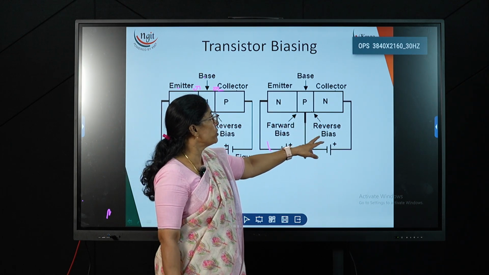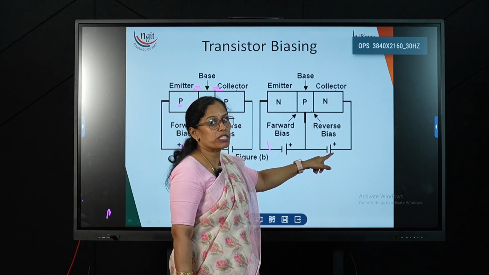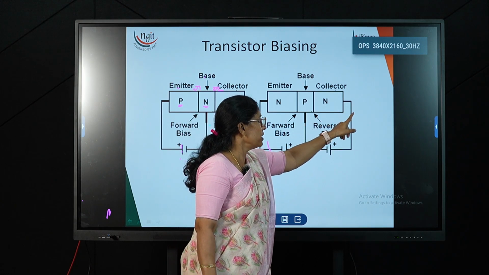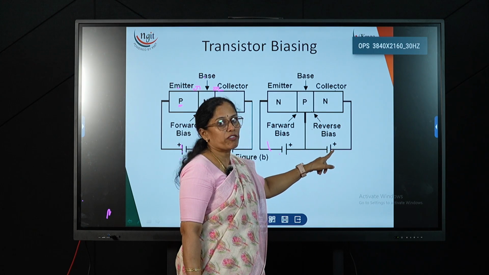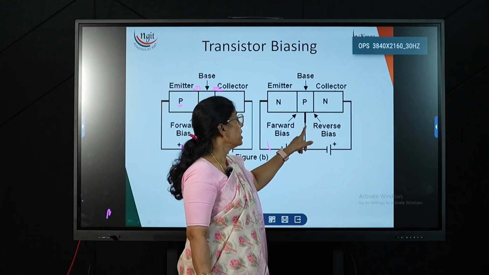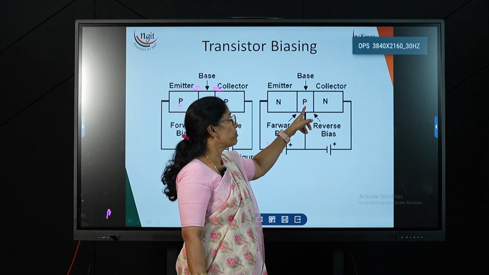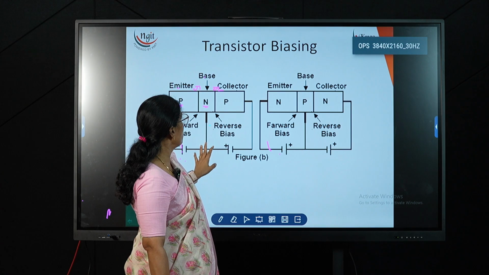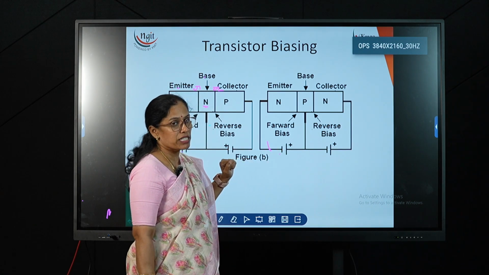Similarly on the output side, junction 2 needs a reverse bias. Here the collector is made up of N-type material that is connected to the positive plate of the battery, and the negative plate goes to the base, which is made up of P material. So this is about the biasing of the NPN and PNP transistors.